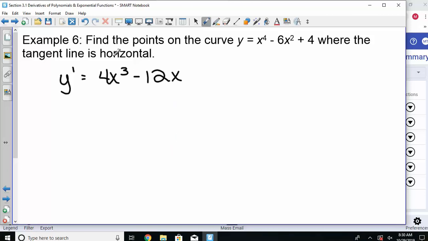Okay, I want everywhere this is horizontal, so you said that's when the slope is 0. So now we're going to solve this. What do you notice about these two terms? That leaves us with x squared minus 3. Set each piece to 0.